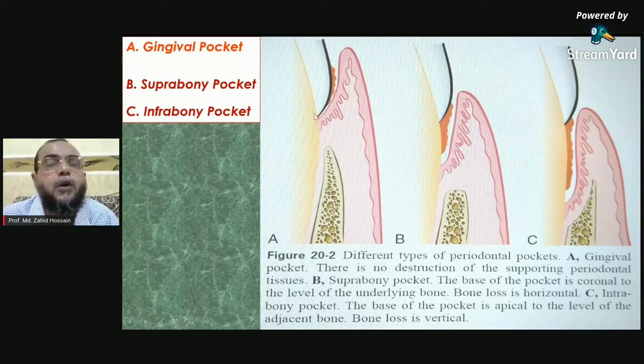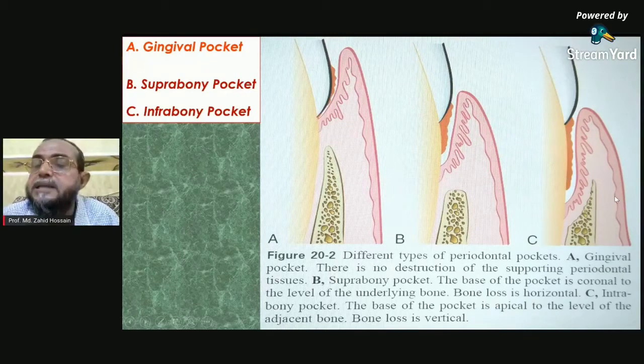It is not lost. You see the bony structure, bony trabeculae like a pyramid. Here the pocket extended apically and some bone is lost, but the pocket doesn't go below the bone, so it is above the bony margin. So it's called a supraalveolar pocket.